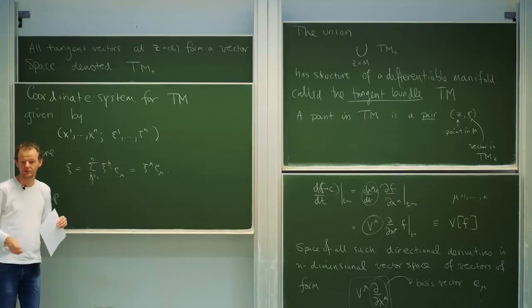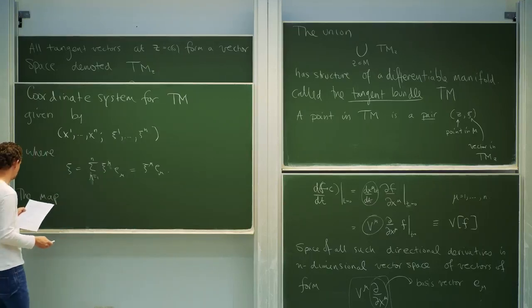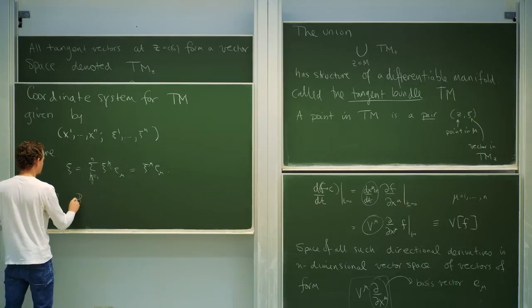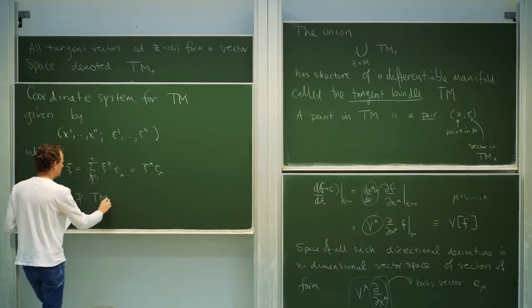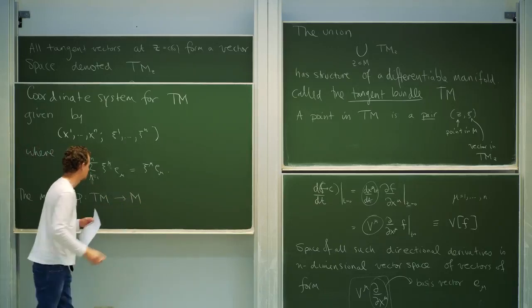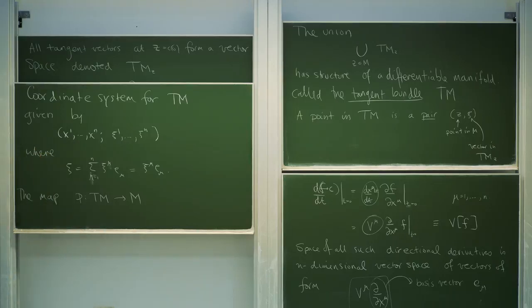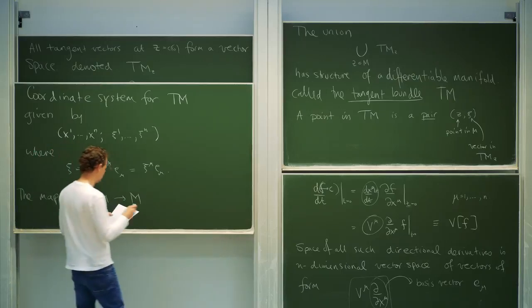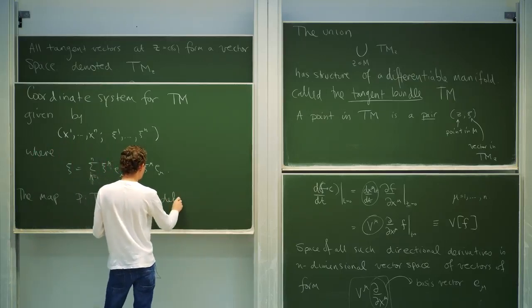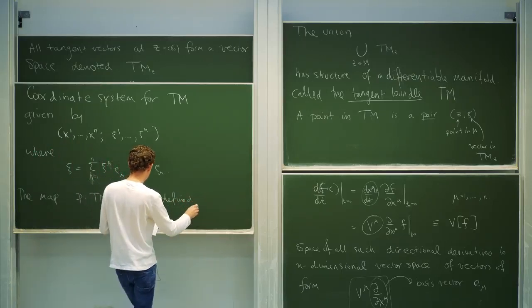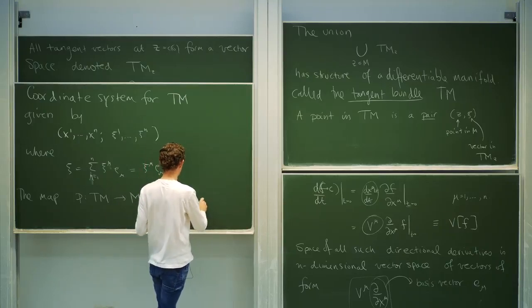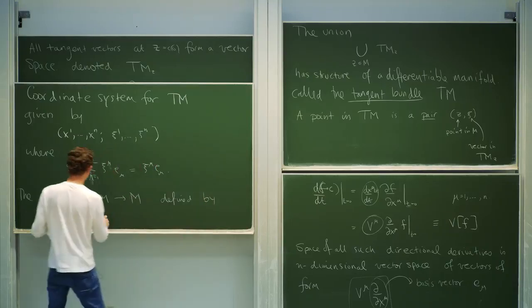There's a special map on this tangent bundle called the natural projection. This will come up multiple times. There's a nice smooth map, TM goes to M. And how does this map work?